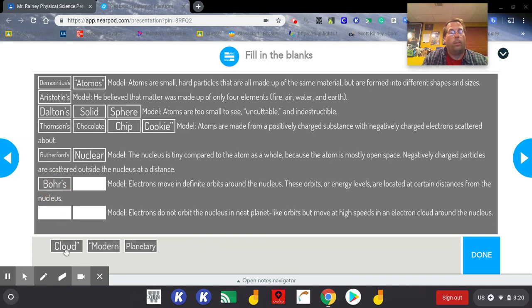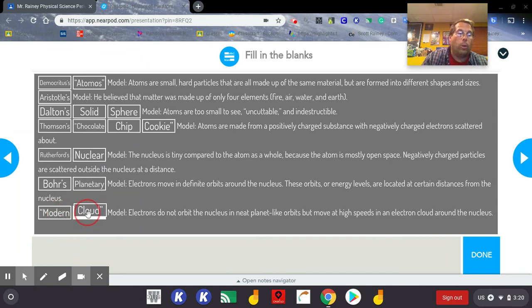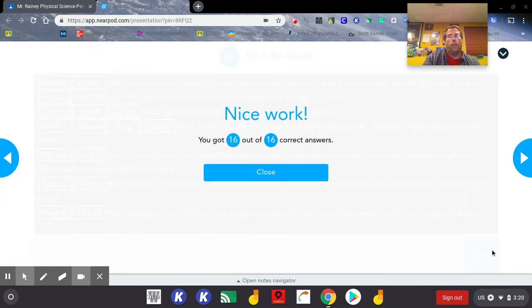Bohr's planetary model is that, yes, these electrons orbit the nucleus, but they do it at various energy levels, kind of like the orbits of planets. That's why it's called the planetary model. And today we have our modern cloud model, where electrons do not orbit the nucleus in neat planet-like orbits, but they do move at high speeds in an electron cloud around the nucleus. And when we're done, we hit done, and we see we got them all right.